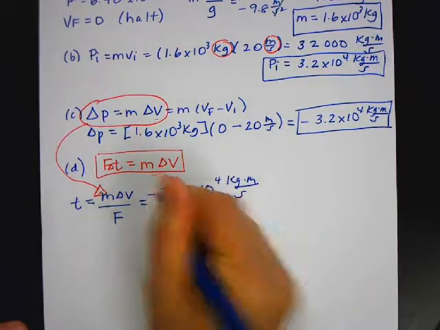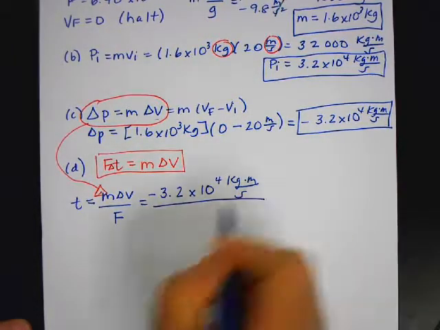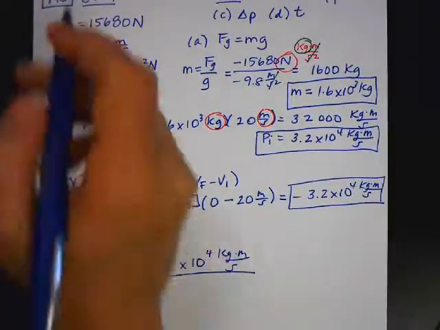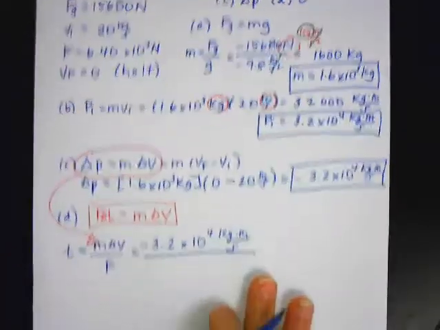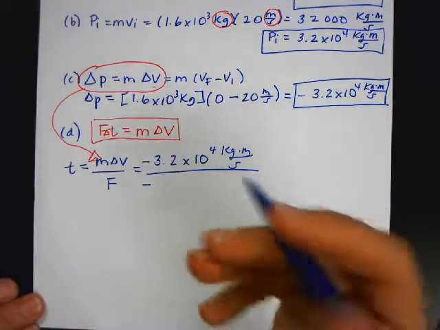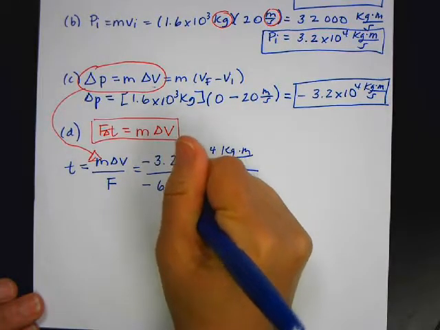Now this is negative, okay? And then the force is going in the opposite direction to stop it. So the force is actually a negative force. And when I put my negative sign in here, the negatives cancel out and I get a positive value for time, because time, we can't go backwards in time.